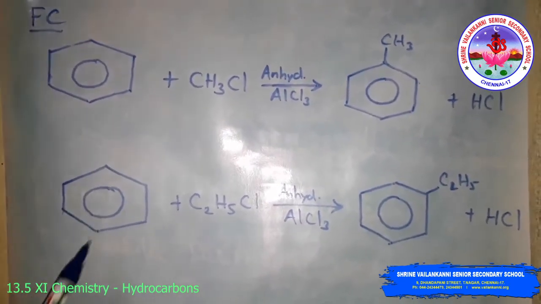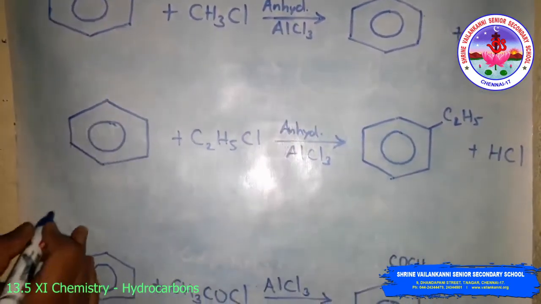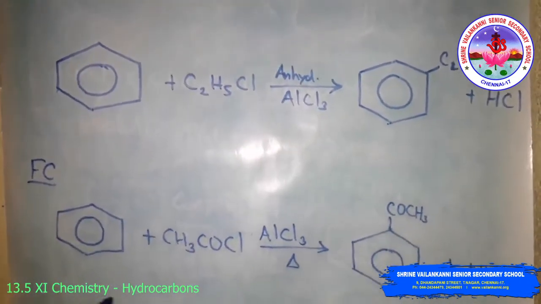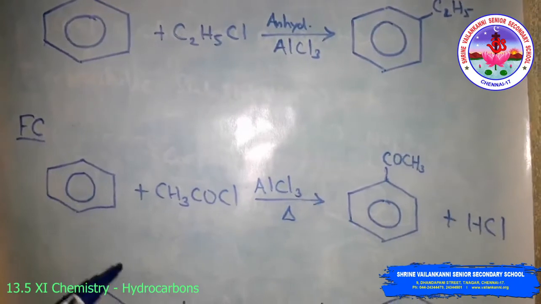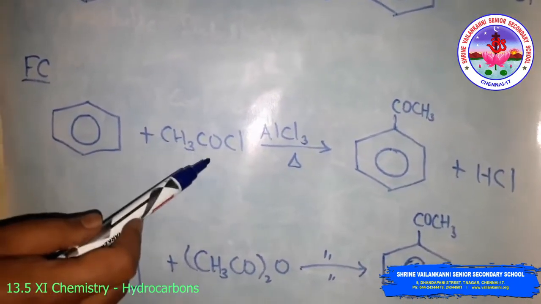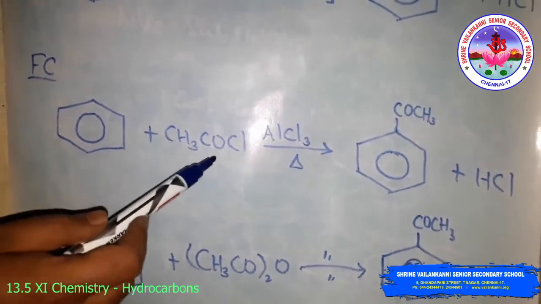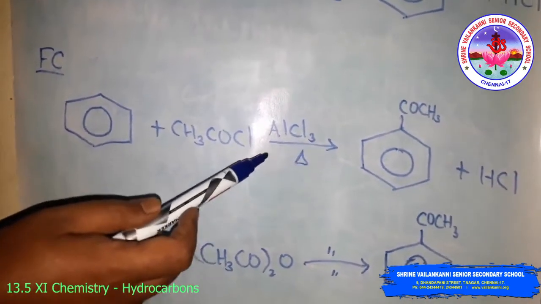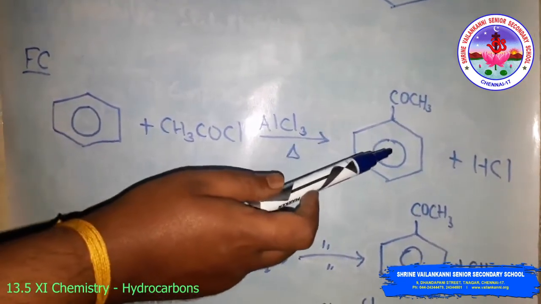Okay. The next is the Friedel-Crafts acylation reaction. The reaction of benzene with an acyl halide, that is acetyl chloride, in the presence of a Lewis acid like aluminum chloride on heating, you will get the acyl benzene.